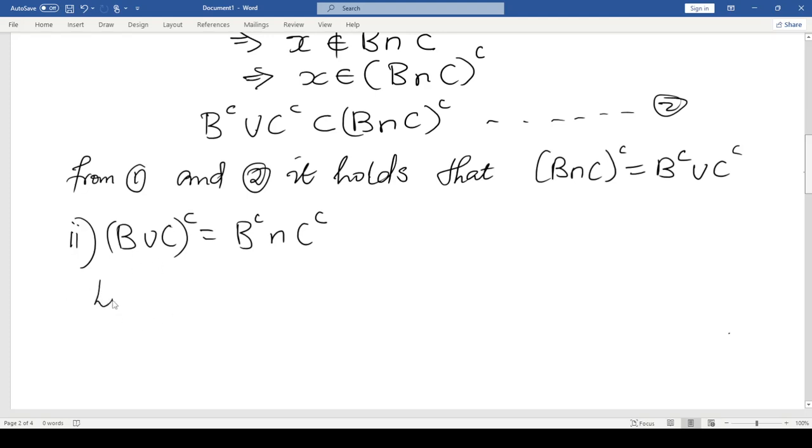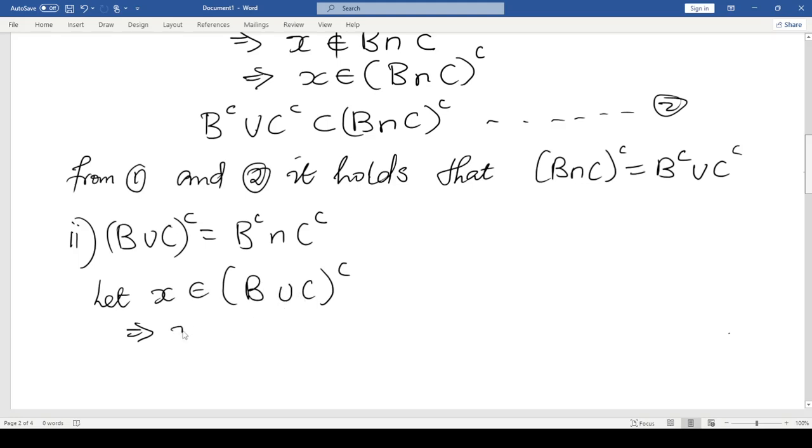So we let x be a member of the left hand side, this side, which is B union C complement like this. So now, if x is a member of the complement of the two sets that we have here, then x doesn't belong to the union of the two sets.